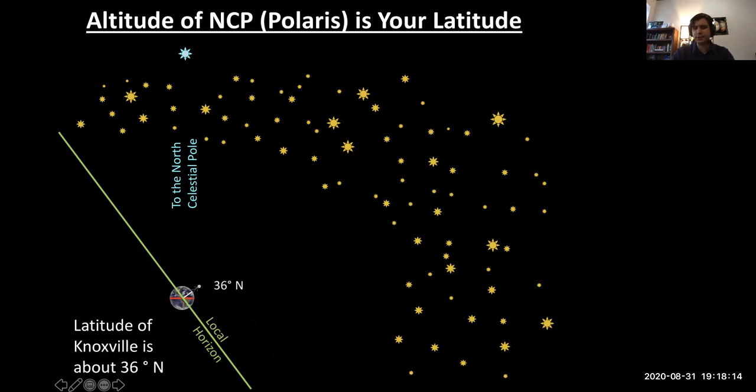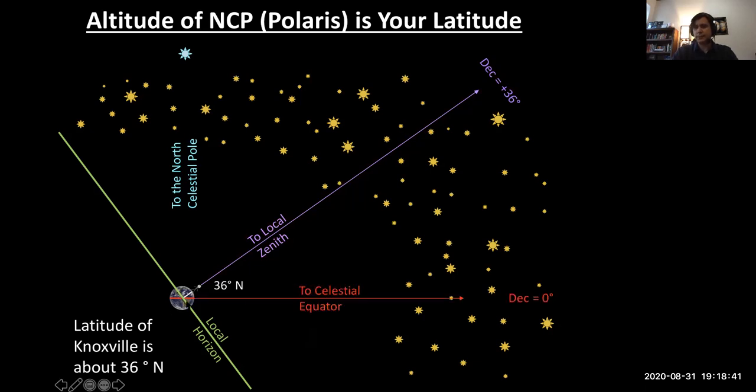And now let's start building our waypoints, just as we were doing before. All right, first one is I'm going to go straight out and figure out my local zenith. And now I know that declination is plus 36. I'm just taking that latitude line and projecting it out. So plus 36 is the declination of my zenith.